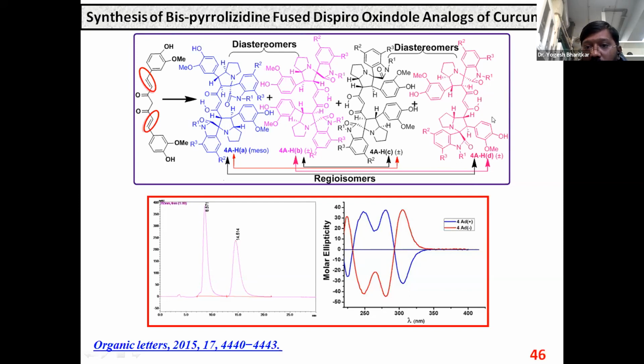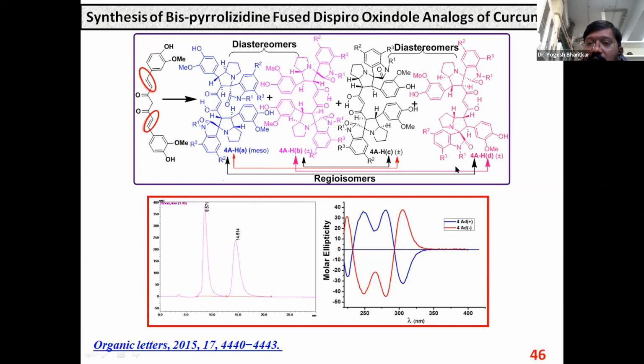To confirm the absolute configuration, you have to match experimental CD and theoretical CD. That means we have to do DFT calculation in Schrodinger and match the CD curve with the molecule. When experimental CD and theoretical CD spectra match together, we can assign the absolute configuration of the molecule.